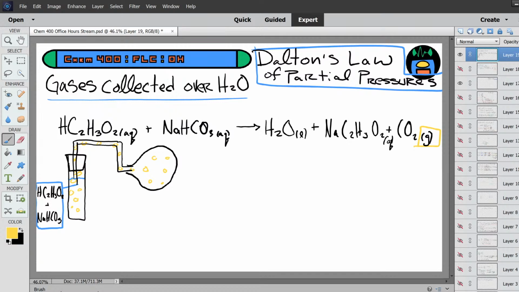And the thing is, it's not pure carbon dioxide, because there's this thing called vapor pressure. You'll notice that both of our reactants are in the aqueous phase. The products, one's aqueous, one's liquid water, the other CO2 gas.